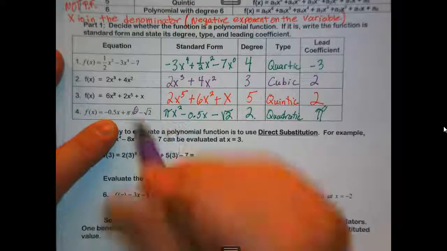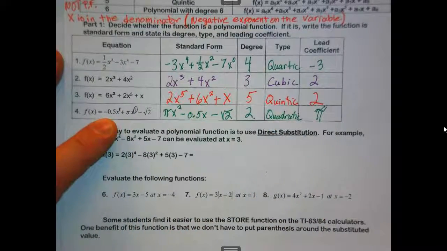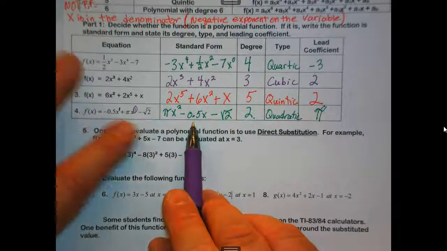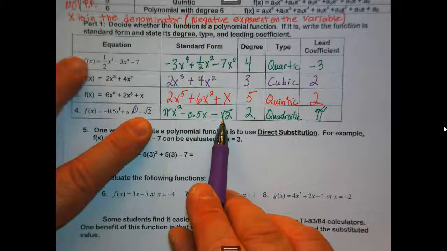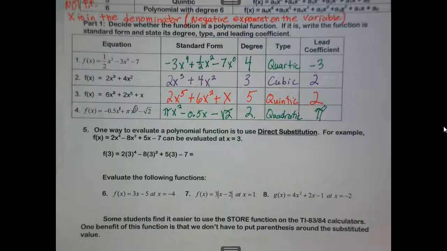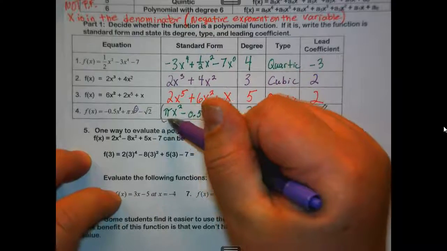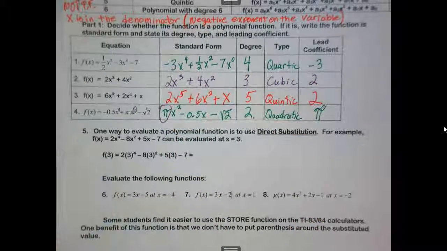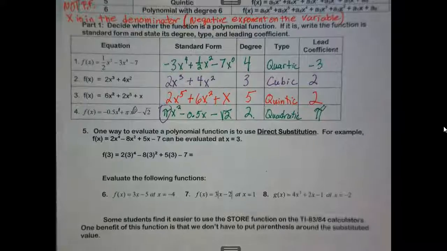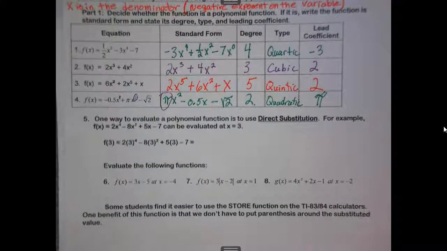Then there's a 1 here, so that goes next. And then there's no variable there, so that's last. And then the leading coefficient is nothing more than the first coefficient. All right.